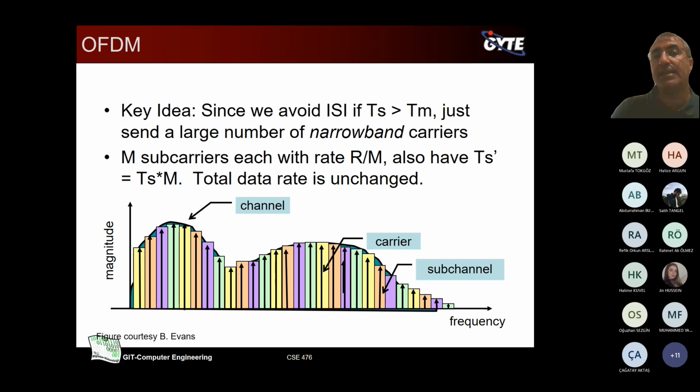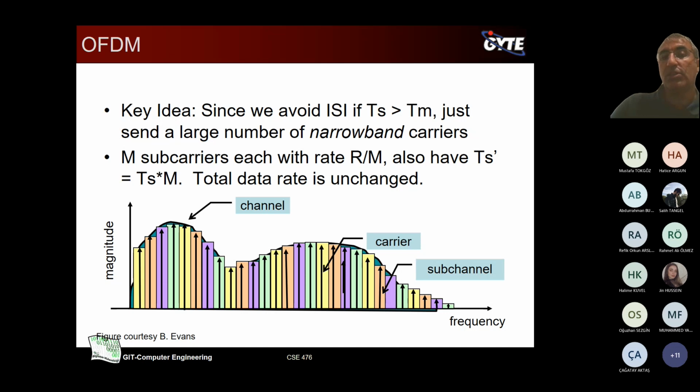Another solution for the ISI, which is the popular solution, is to use OFDM. So if your symbol duration is not much greater than the maximum delay spread of the channel, then you just send a large number of narrowband carriers. Instead of sending the whole band, we split the channel into sub narrowband channels.